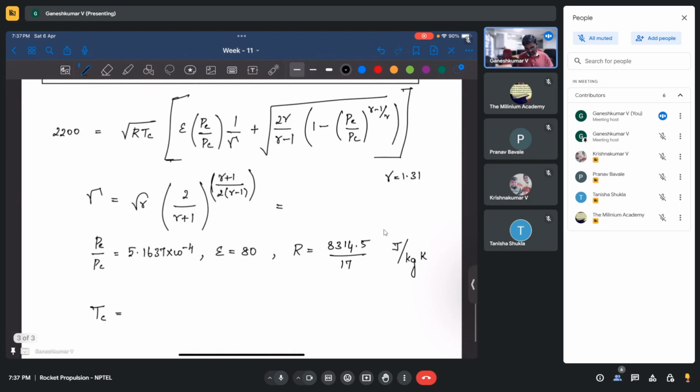Can you tell me what TC is? First, maybe what is gamma? So 1.31 plus 1 divided by 2 times 1.31, into 2 divided by 2.31, square root.